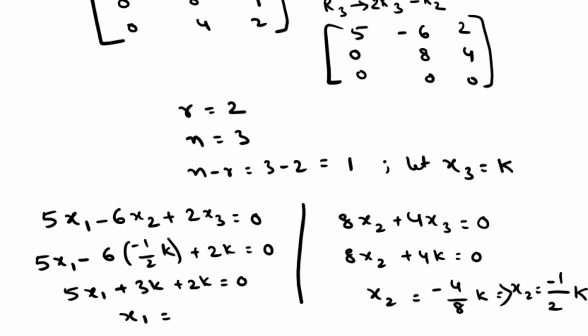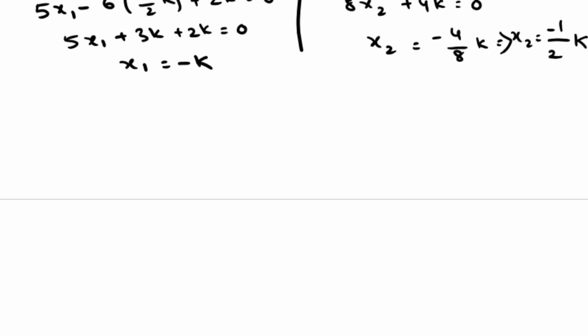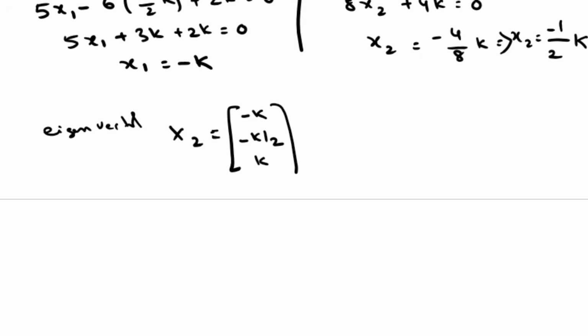Therefore x1 is equal to minus k. The eigenvector X2 is equal to minus k by 2, k, which is minus 1 by 2, 1.